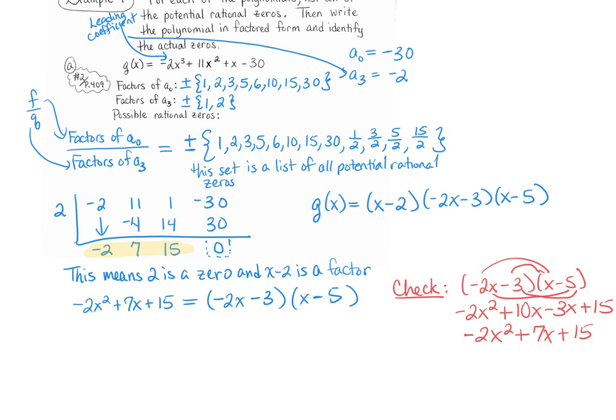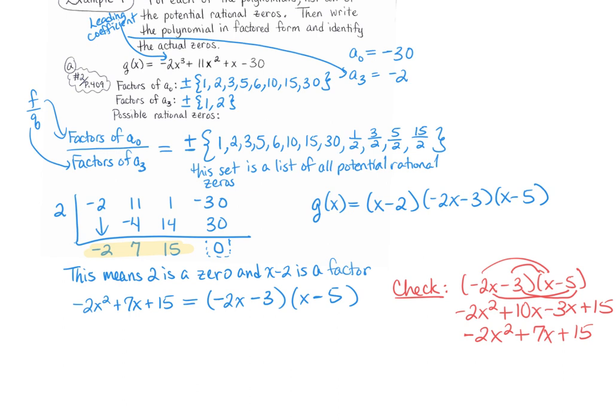If we have a degree 5 polynomial, how many linear factors should we have? 5. If we have a degree 7 polynomial, how many linear factors should we have? 7. Good. Okay, so that means the process is a little bit longer. I'm not going to give you something of degree 7 and ask you to factor it completely. That's just tedious, and it's fine, but it's important that you understand the process.